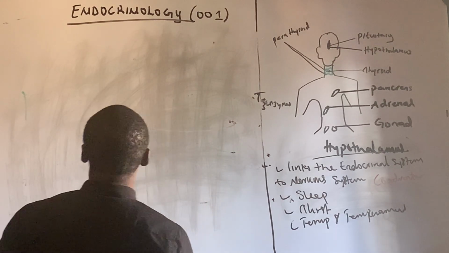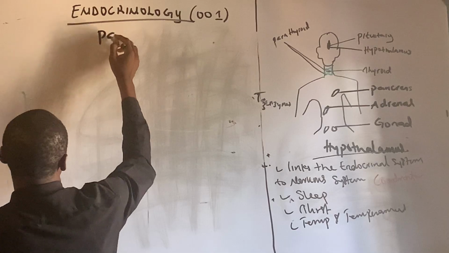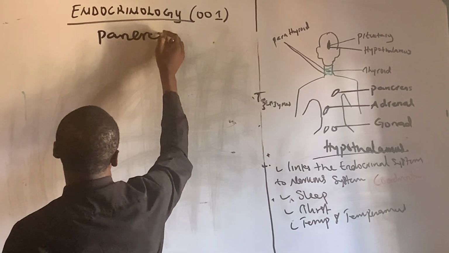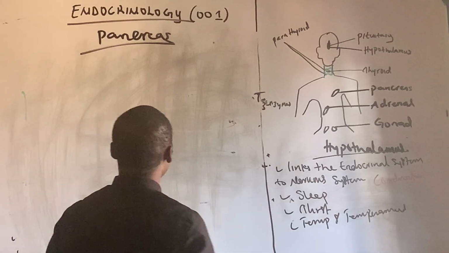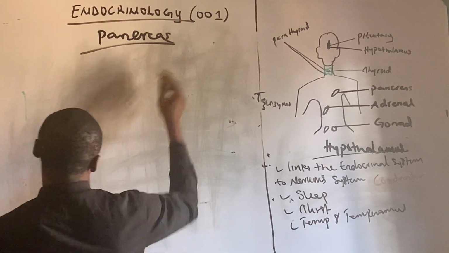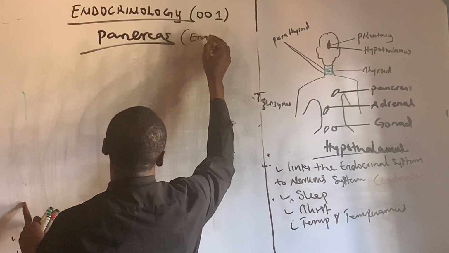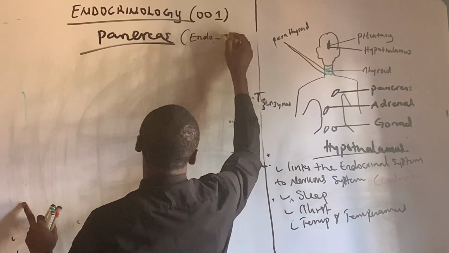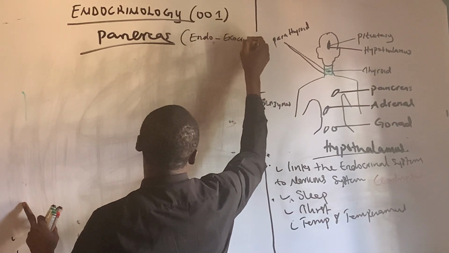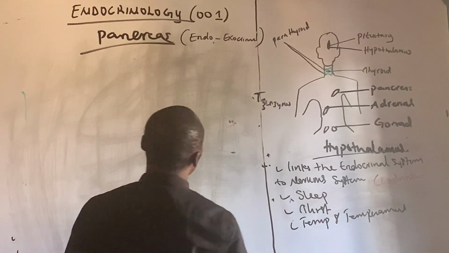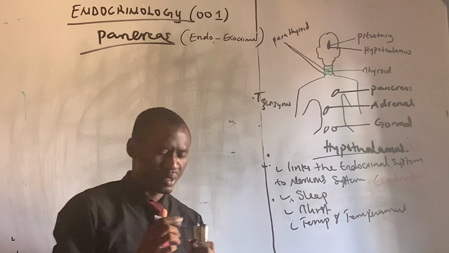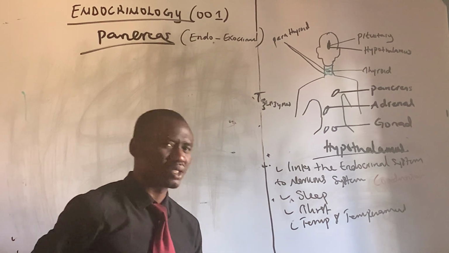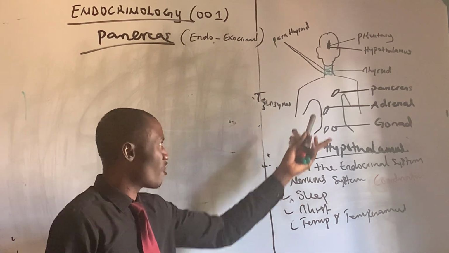So we go to the pancreas. It is also an endo-exocrine gland. Now let's go to the endo, that is the hormone production part of the pancreas.